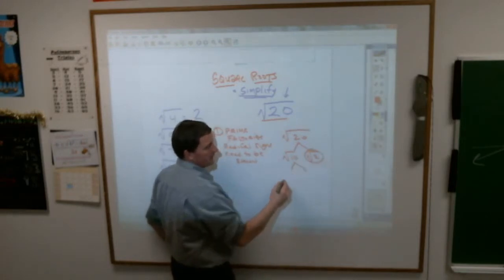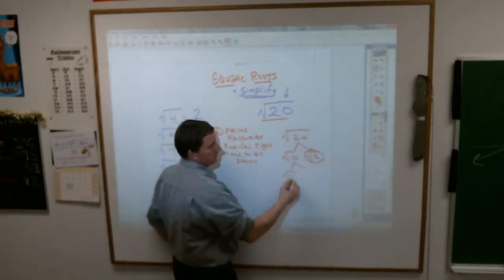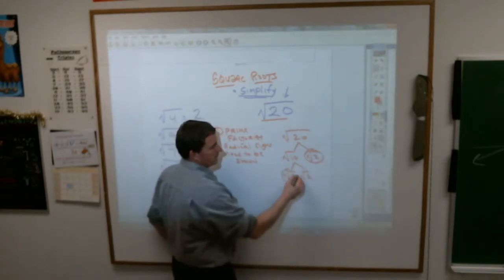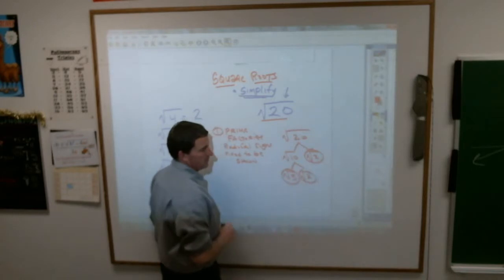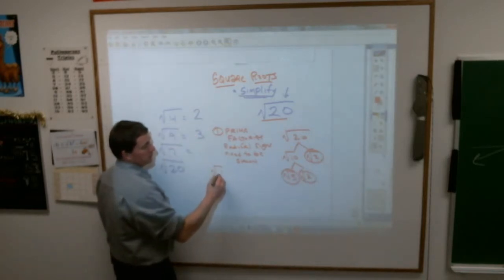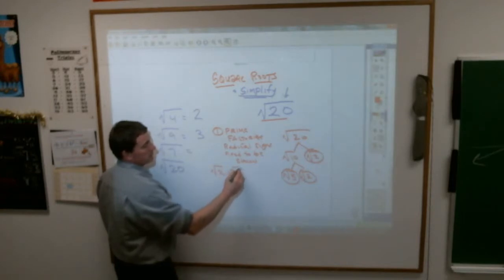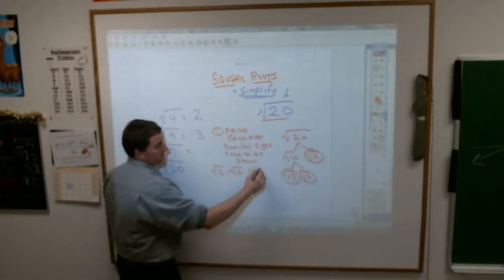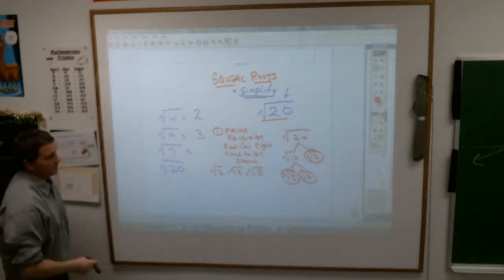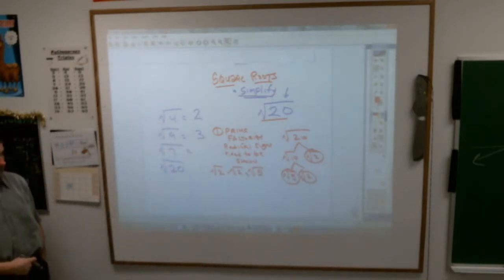The square root of 10 can be broken down into the square root of 5 times the square root of 2. Both of them are prime numbers. Okay, so my prime factorization gives me this, right? The square root of 2 times the square root of 2 times the square root of 5. Shouldn't be something tough for you because we prime factorized since you were in 5th grade. Everybody with me on that?